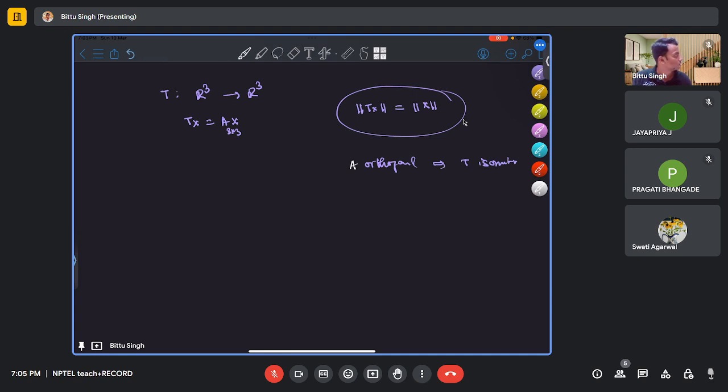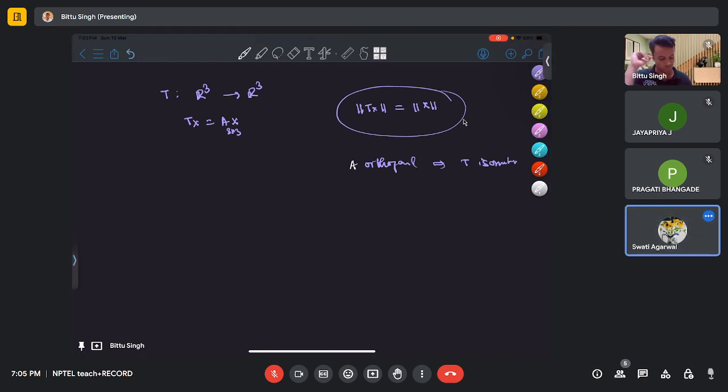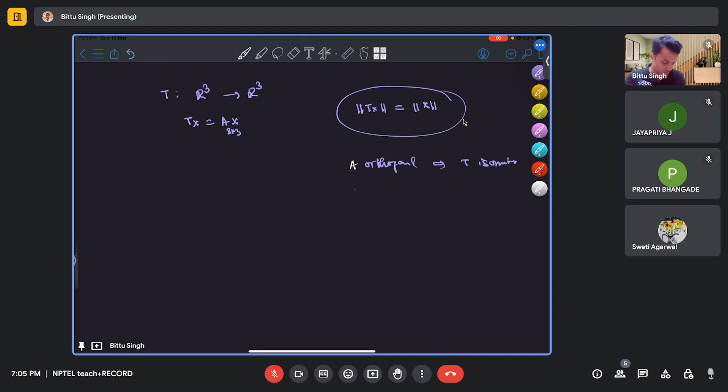Actually, you can use this fact. The norm of Tx squared is the inner product of Ax with Ax, which is the same as the inner product of A transpose A x with x.